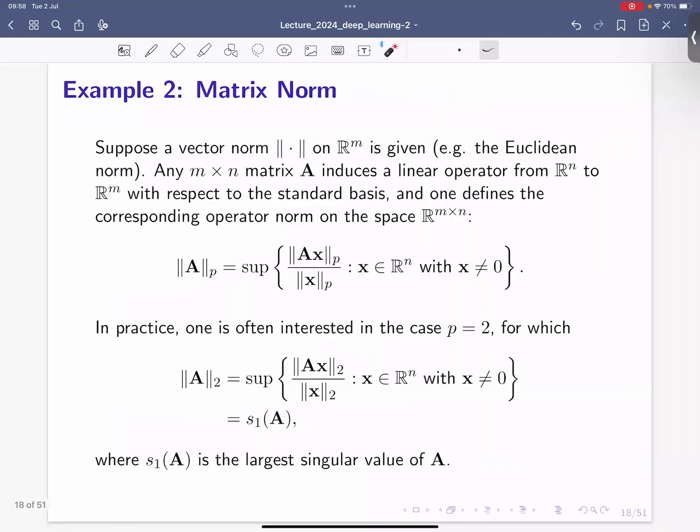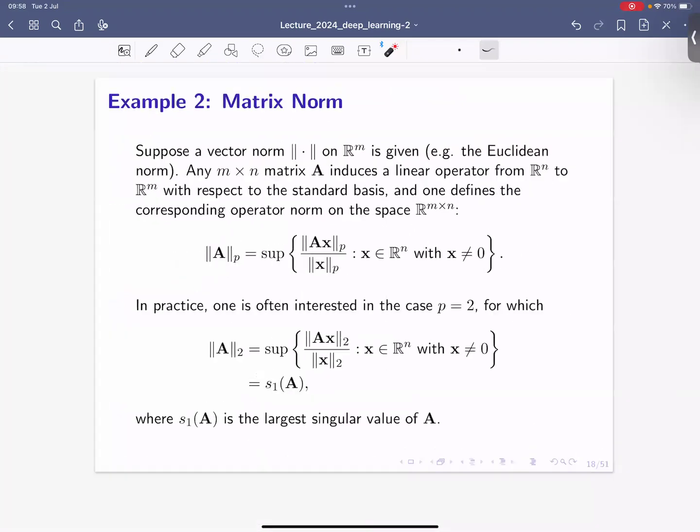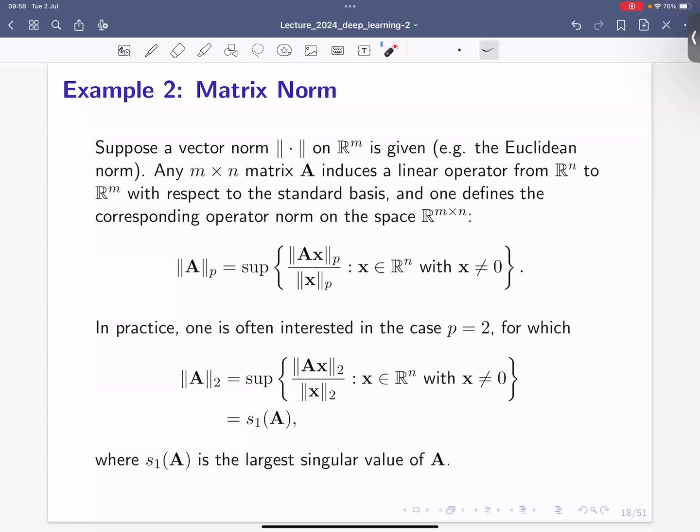Okay. We can also define the concept of matrix norm. So this is also based on the concept of vector norm. So let's say that we have a vector norm that is defined on Rm. And we define a matrix A here, which is an m by n dimensional matrix. And to define the so-called operator norm of this matrix here, we do the following.